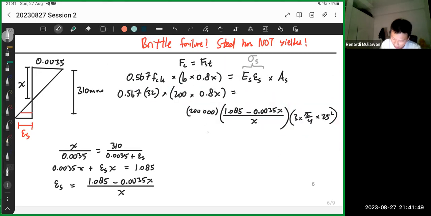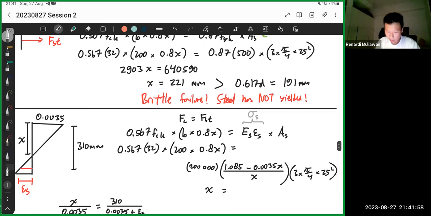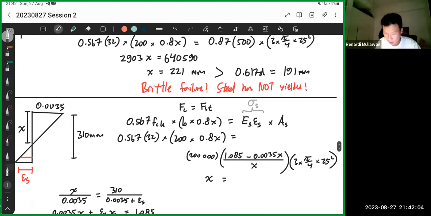But for simplicity, I'll just directly tell you the answer. Let me type it out in my calculator first. 2903x is the left side, equals the right side: 200,000 multiplied by (1.085 minus 0.0035x) divided by x, then the area of steel.